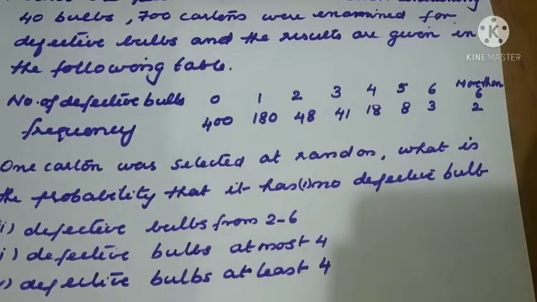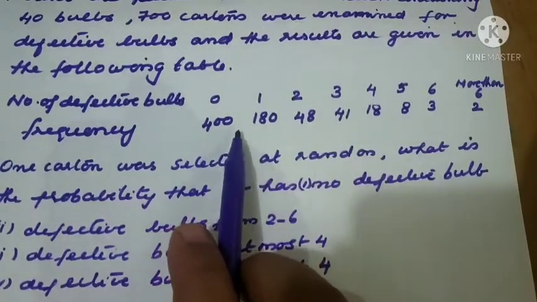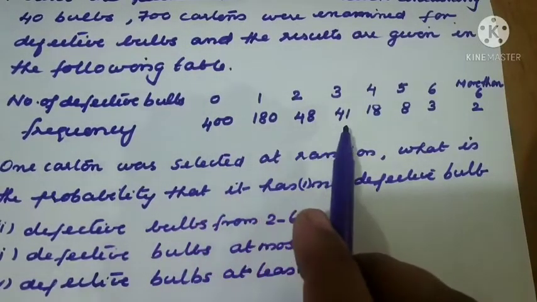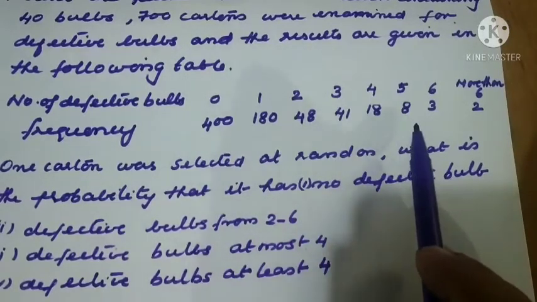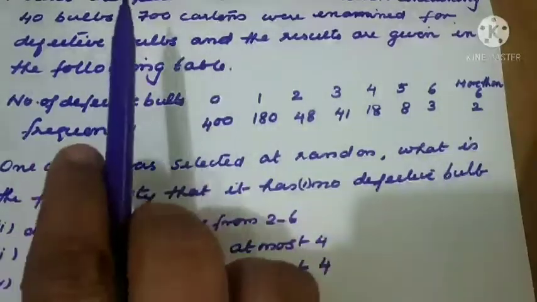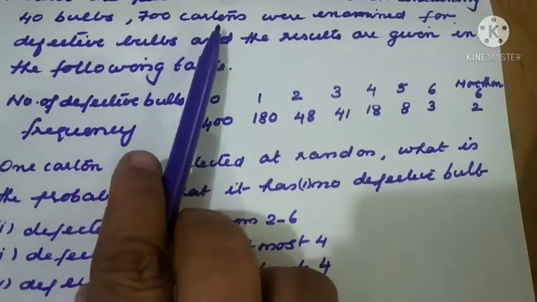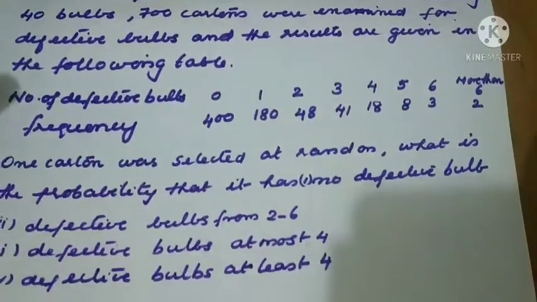Now let us see the question. The question is a little bit lengthy, but for such a question, what is the first step? We should see what the total frequency is, that is our total number of trials. So frequencies 400 plus 180 plus 48 plus 41 plus 18 plus 8 plus 3 plus 2 should be added. That is nothing else but our 700 cartons, right? So the first step is that.